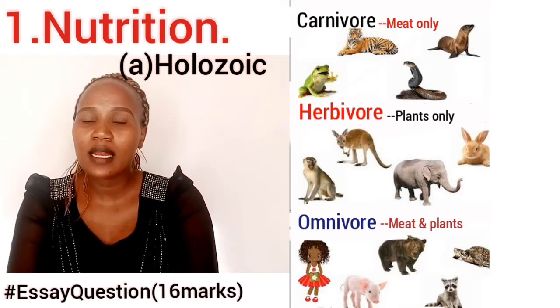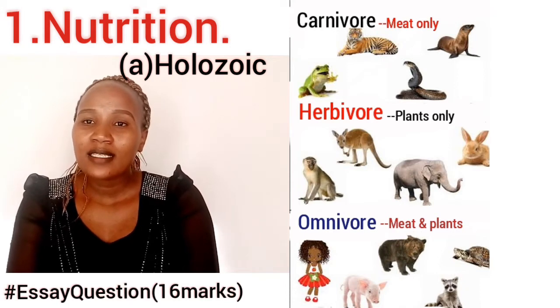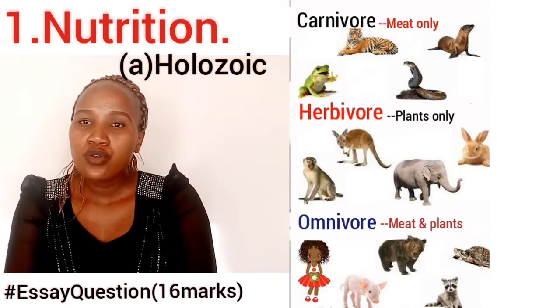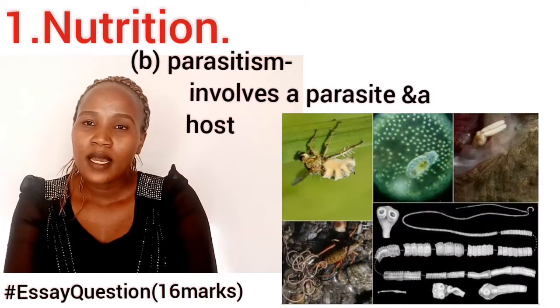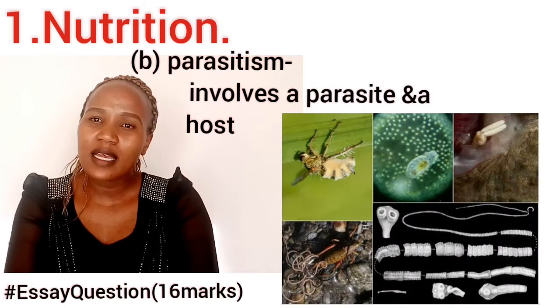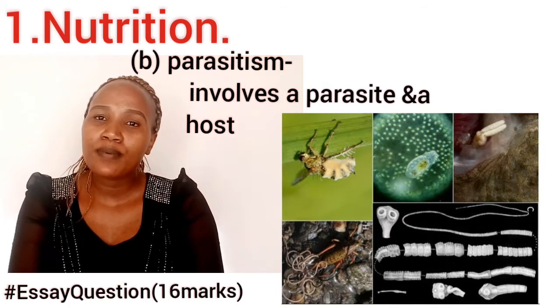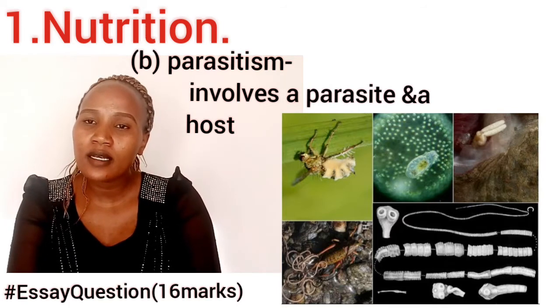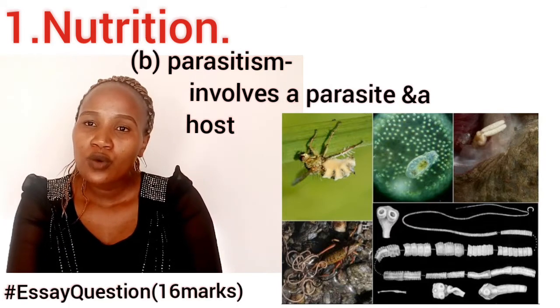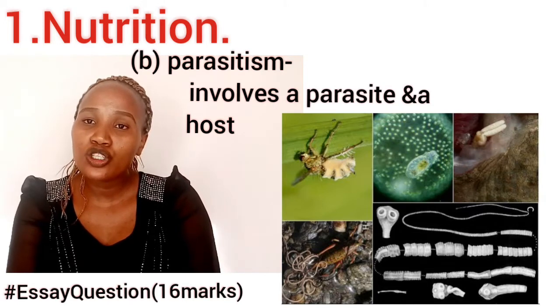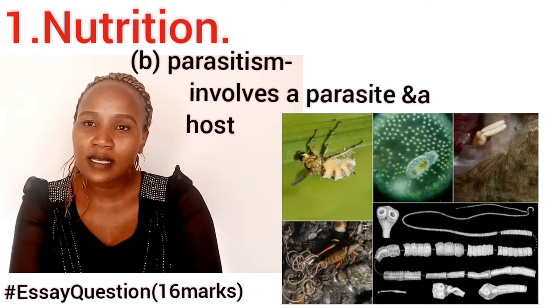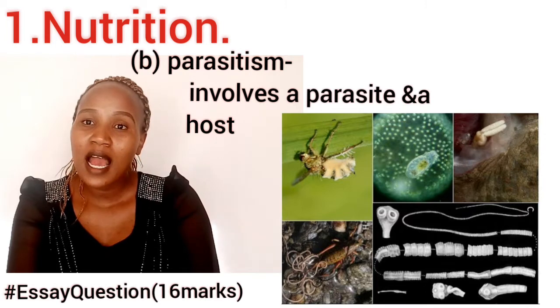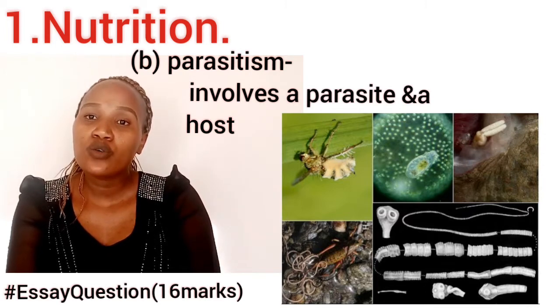Let us look at another category that acquires their food through the process of parasitism. Parasitism is a process of acquiring food material which involves a relationship of two organisms, the parasite and the host.